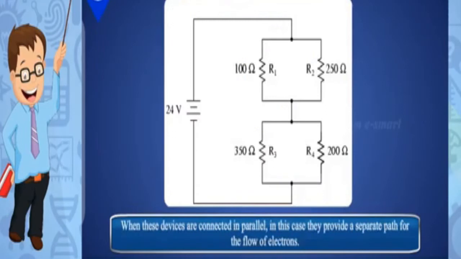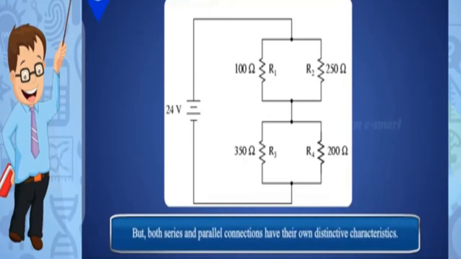When these devices are connected in parallel, they provide separate paths for the flow of electrons. But both series and parallel connections have their own distinctive characteristics.